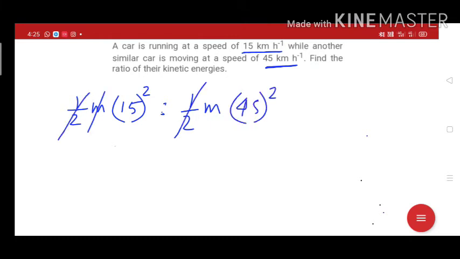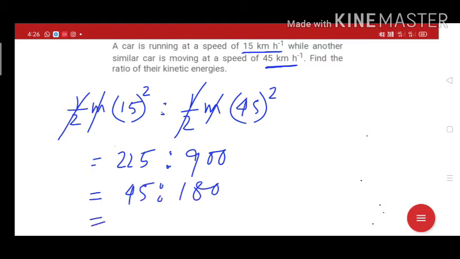So half got cancelled, m got cancelled, and here it is 15 square, which means 225, and the 45 square is going to be 900, and if we reduce it by 5, then it is 45 is to 180, then reduced by 9, 5 9s are 45 and 9 20s are 180, so finally it is going to be 1 is to 4. So again the ratio between the first and the second car is 1 is to 4.